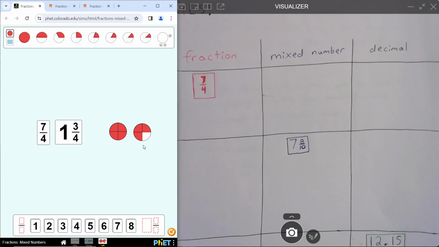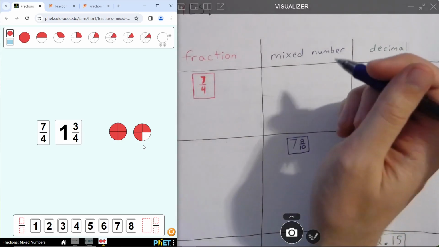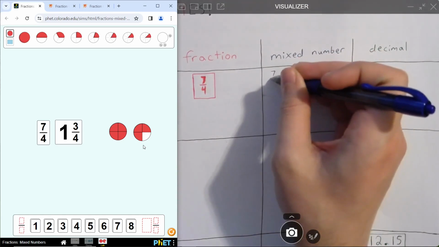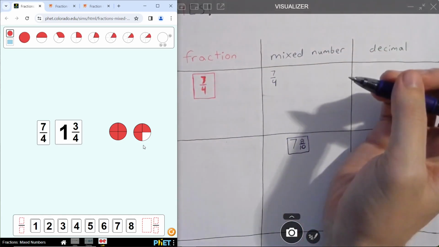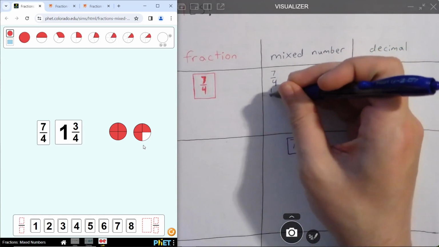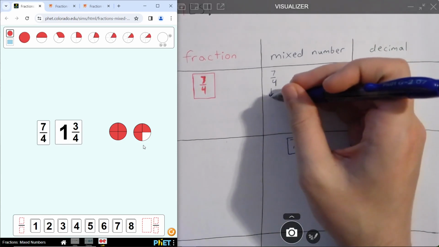So for that, we start with the fraction 7/4. To turn that into a mixed number, there are 2 ways I can think of without using a calculator. One would be to take 7/4 and to convert that into its whole number form.